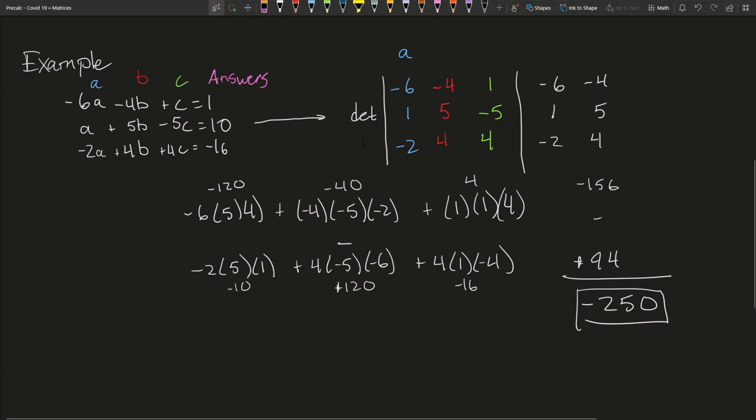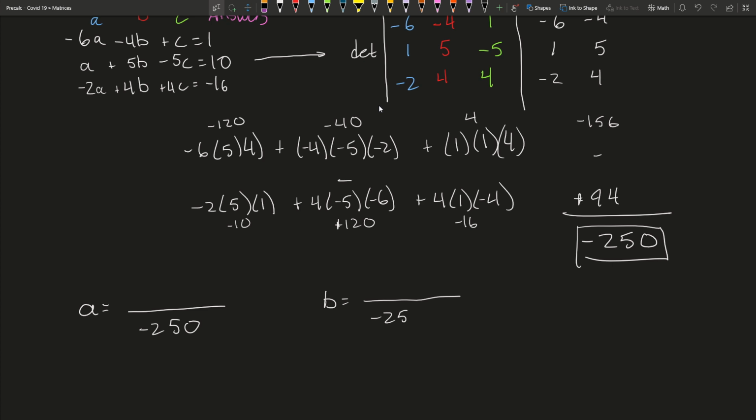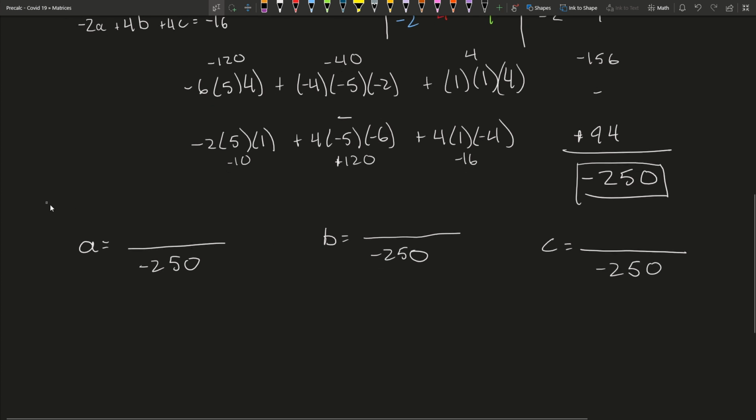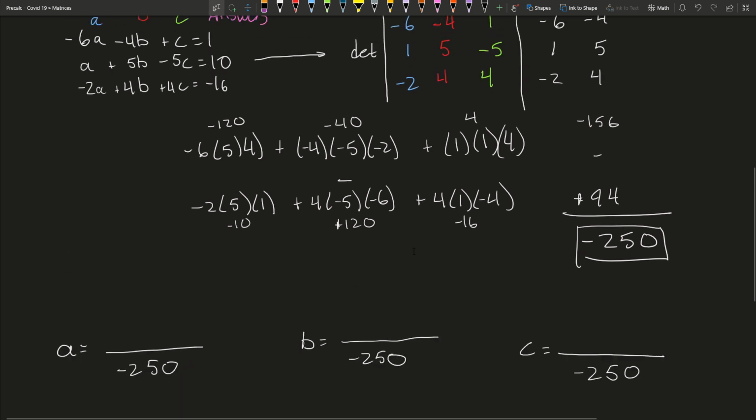Okay, and that is the denominator for A, B, and C. Okay, and then our numerator is the determinant of a different matrix.